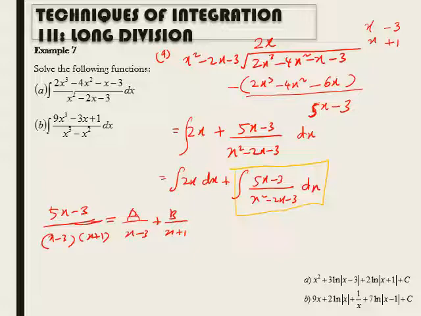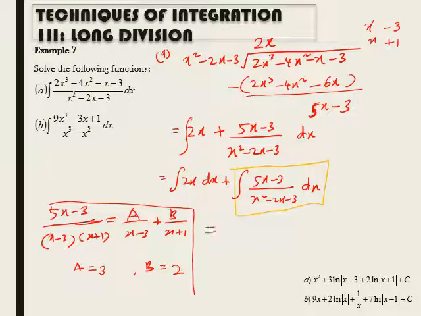So you find what is A and B. So in the end you obtain A is equal to and B is equal to what? 3 and 2. Okay, calculate it like we have done before. So we can integrate.